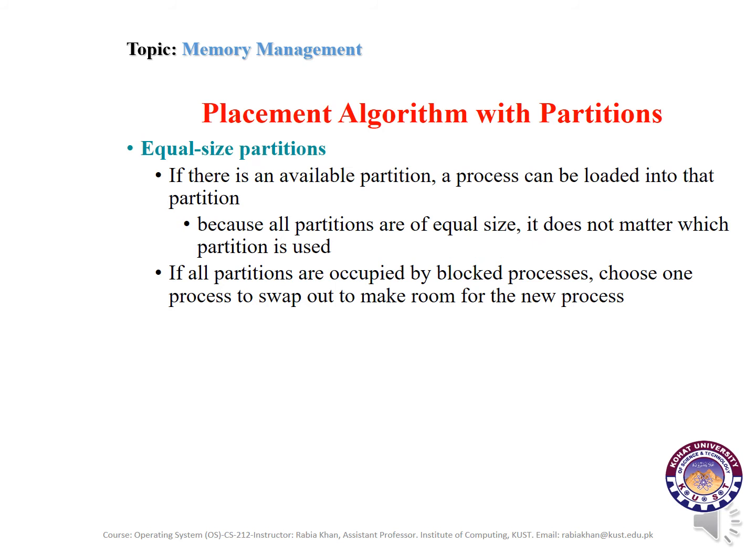What is the placement strategy for a process to be placed in fixed partitions? There are two separate placement strategies for unequal size partitions. But for the equal size partitions, no strategy is required, as all the partitions are of equal sizes, so it does not matter where a process resides.